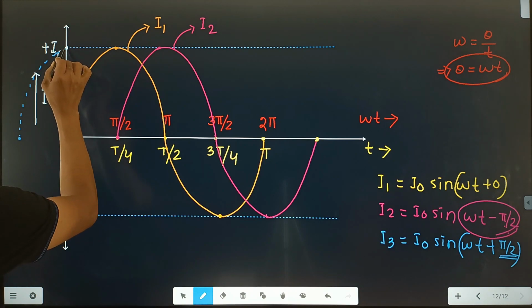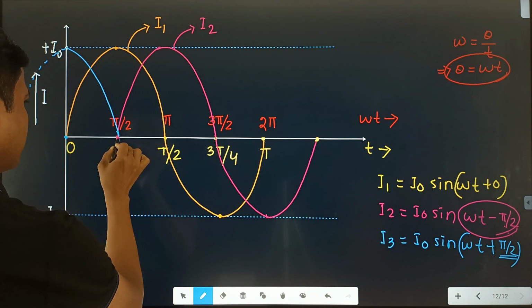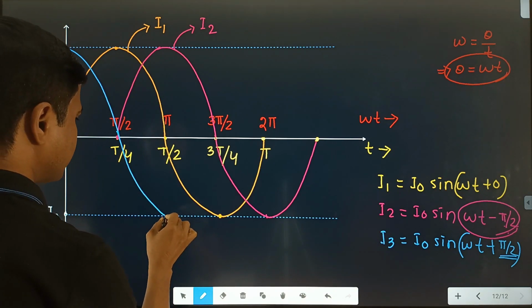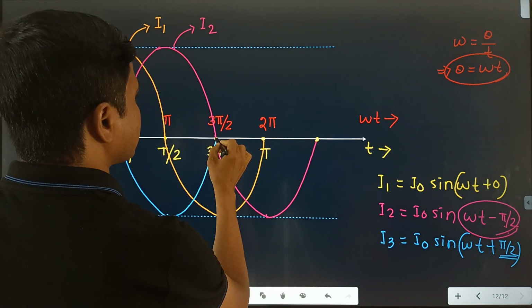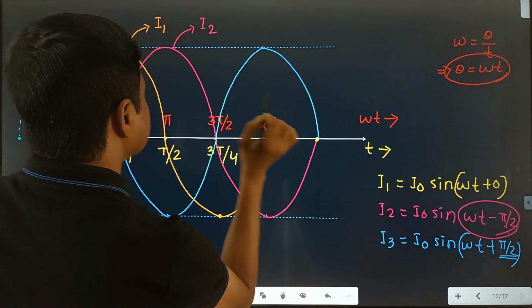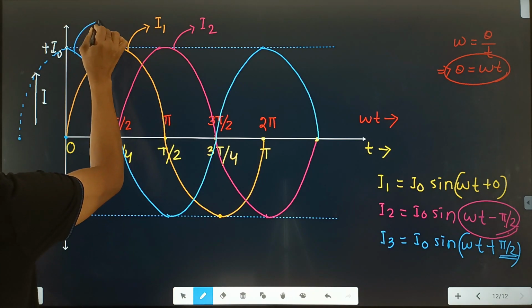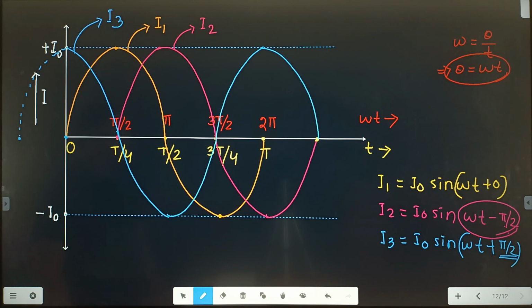It reaches maximum value, this point, this is the maximum value, and again 0, and maximum value, again 0. This is the graph for current I3, clear? This is for I1, here the initial phase is 0.